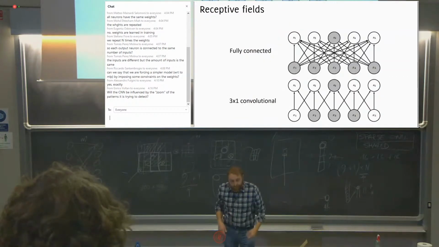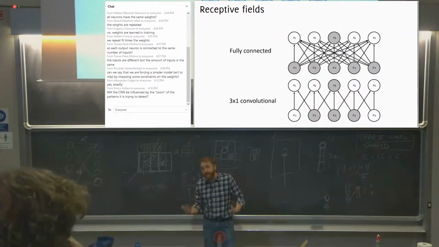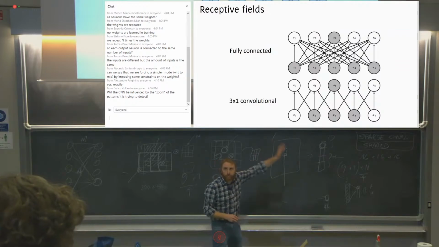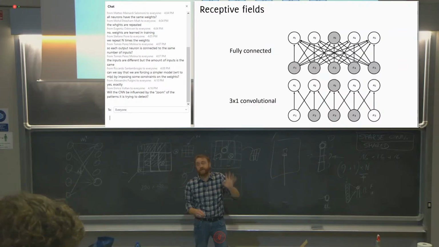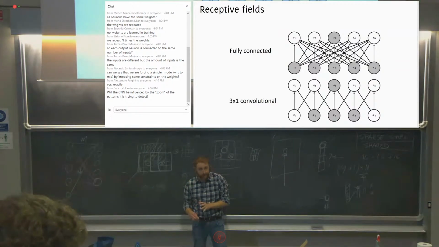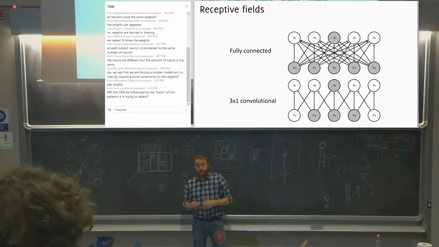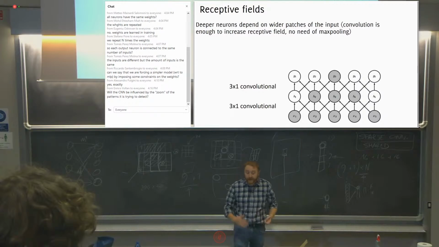So in a fully connected neural network, the receptive field is of course the whole input, because each output neuron takes as input the whole input layer. Since this is not the case in a convolutional neural network, we get a receptive field that is limited. But that can increase.